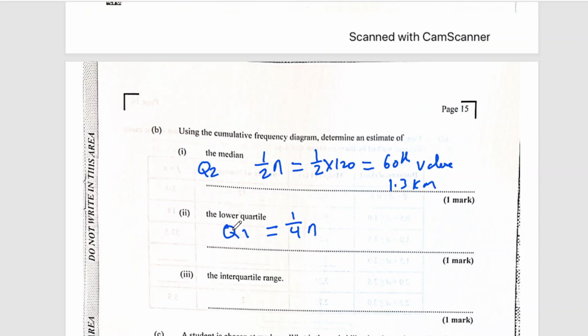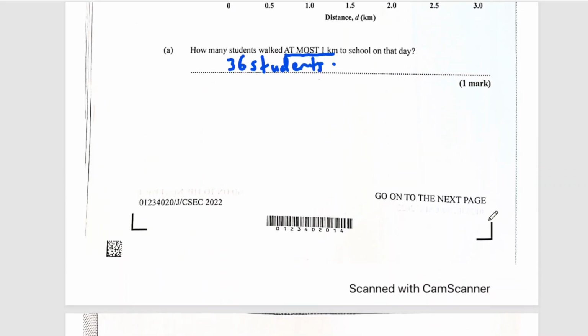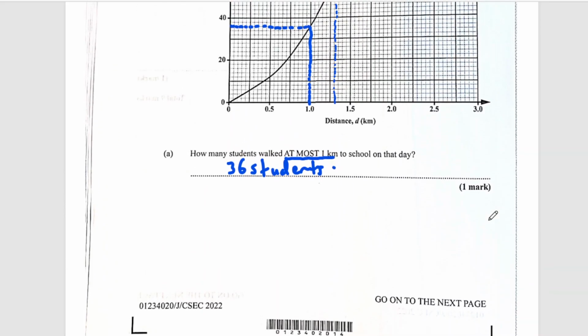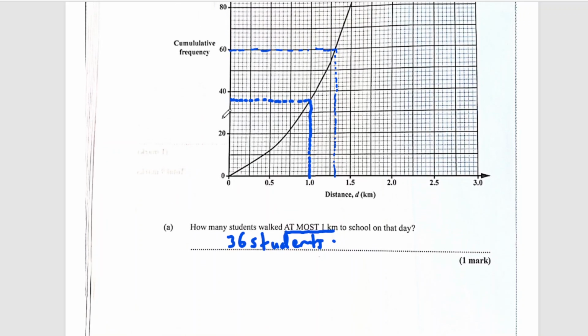Alright, so let me go look at your lower quartile. Your lower quartile is a quarter N. N is 120. So that is 30. So it's your 30th value. So we come back in our graph and locate where that 30th value is. Right. So this is 20, this is 40, so the 30th will be here.